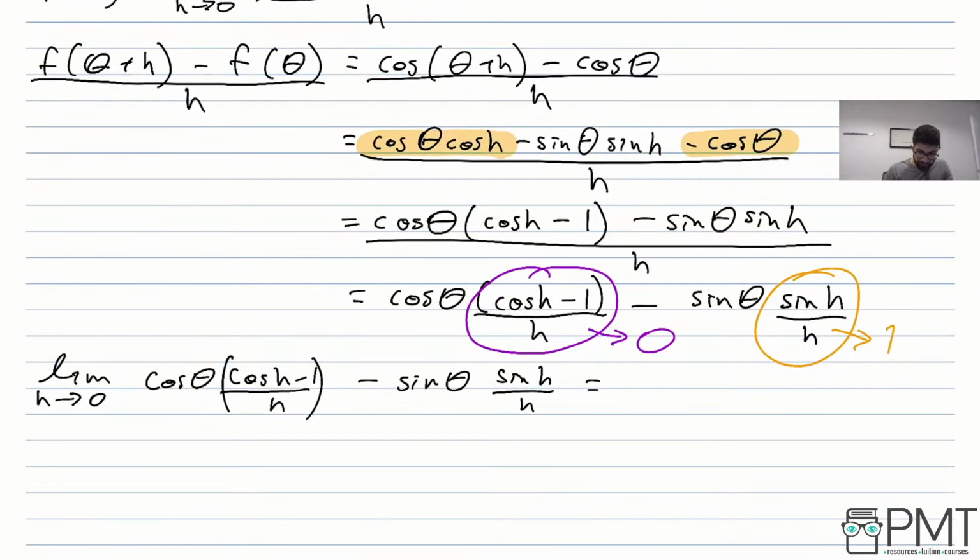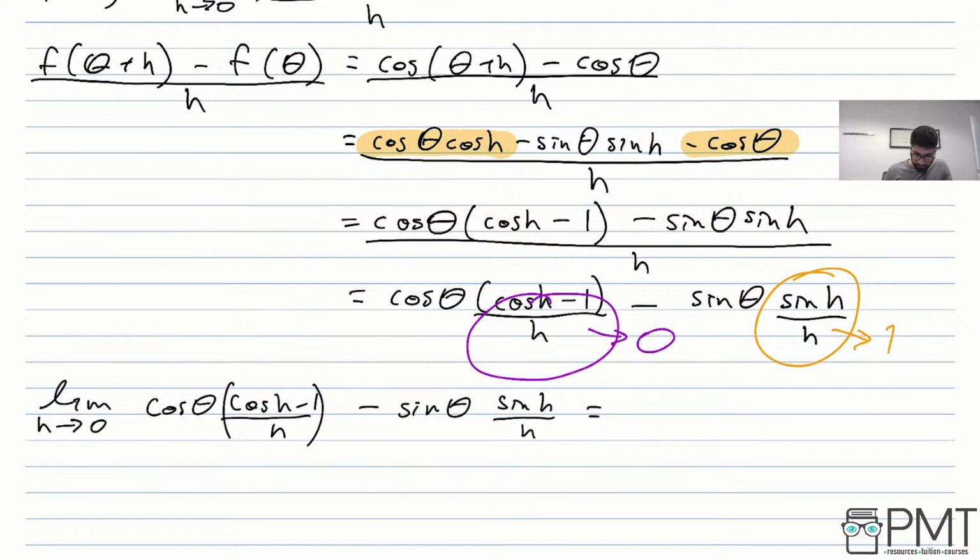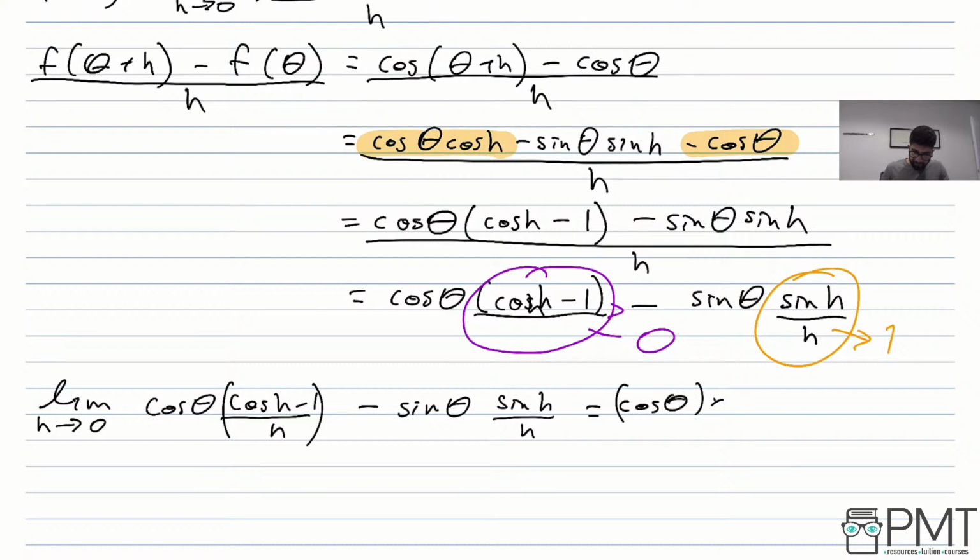So we get cos theta times 0 minus sine theta times 1, because this went to 0 and this went to 1.